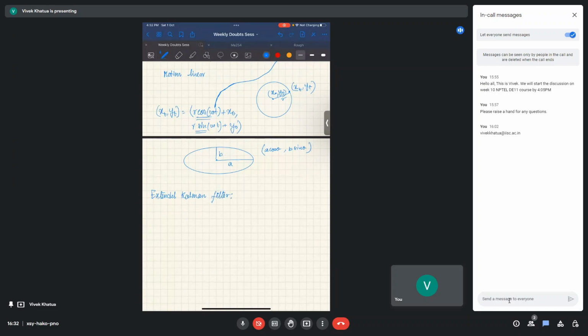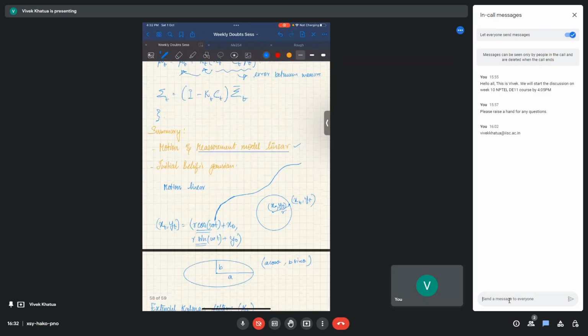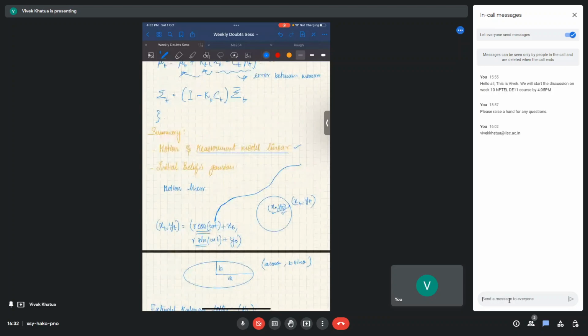Here the measurement model also changes, for one reason: our xt, our state, is also changing. So it's better to have our measurement model also non-linear.